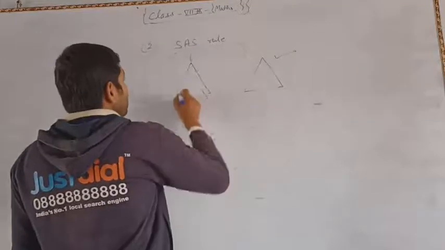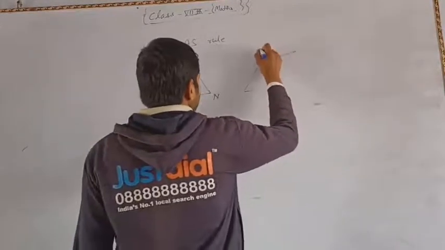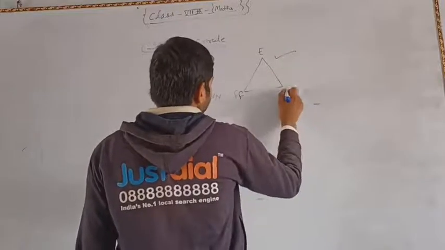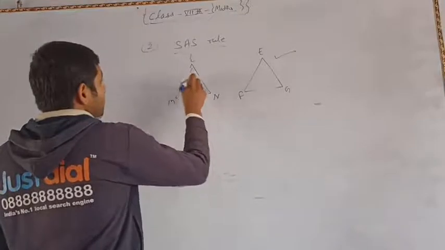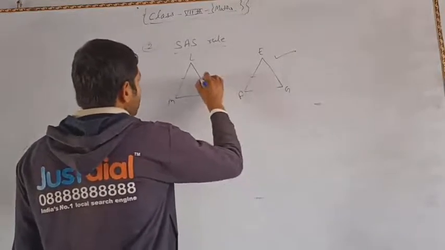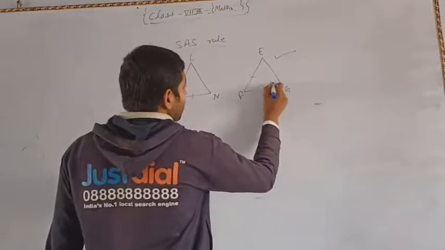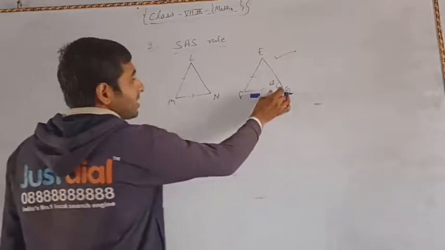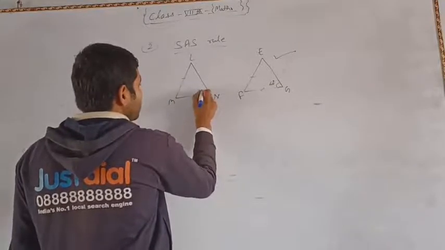Here this is figure LMN and this is EFG. You can see that this side is equal to this side and also this side is equal to this side, and suppose this angle G is equal to 60 degrees, so here this angle M is equal to 60 degrees.